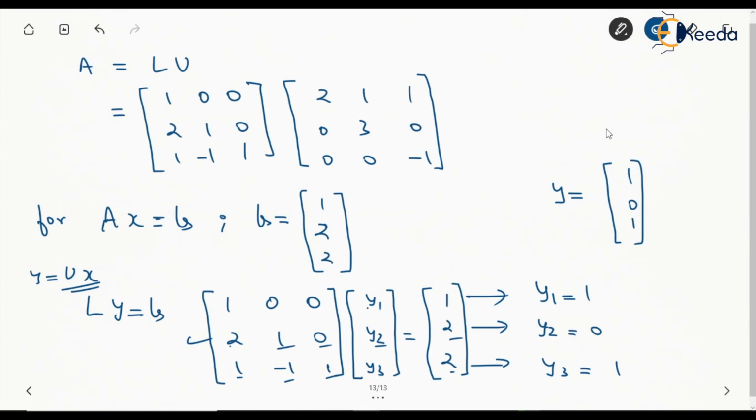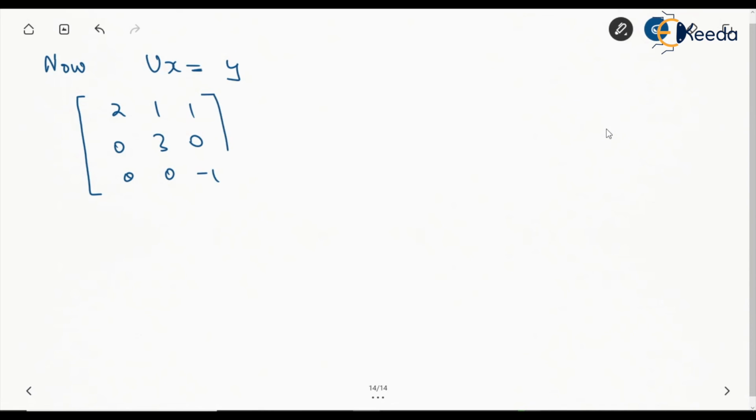Now we can move for UX is equal to Y. So U is 2 1 1, 0 3 0, 0 0 minus 1, and let's say X is x1 x2 x3, where we have also found Y is 1 0 1.